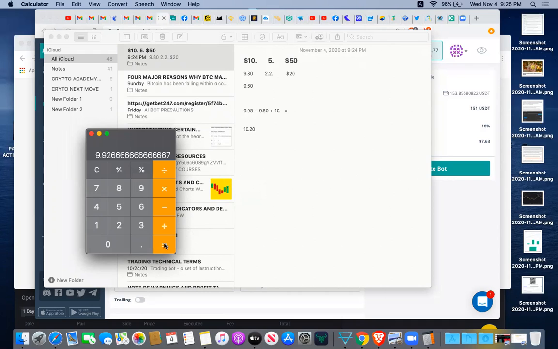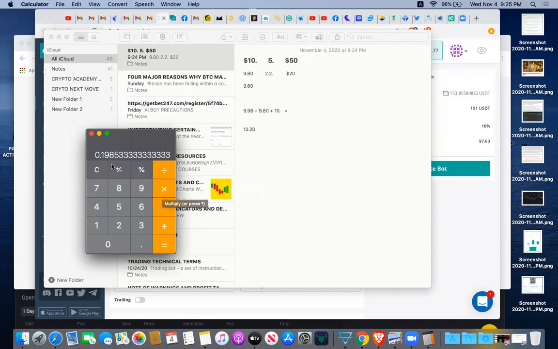That is 9.9. So 9.9 multiplied by 0.02 is 19 cents.